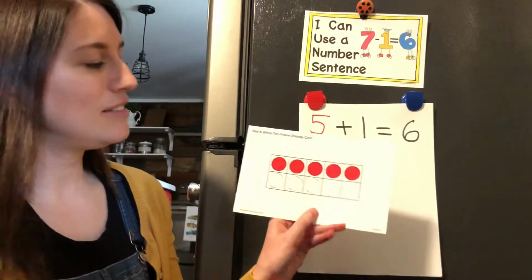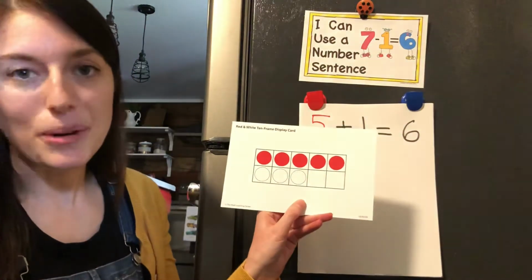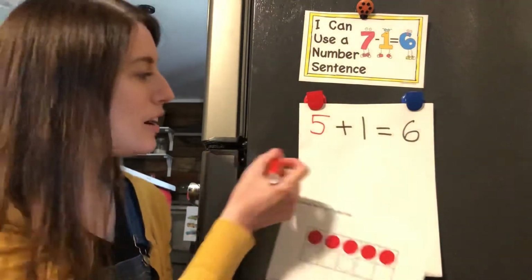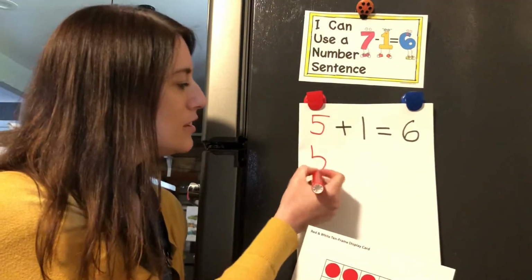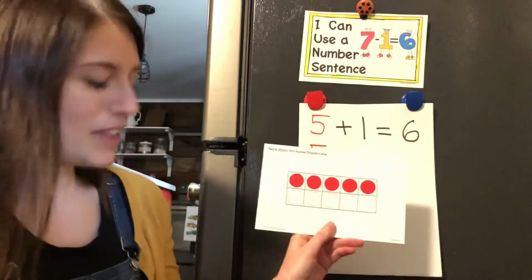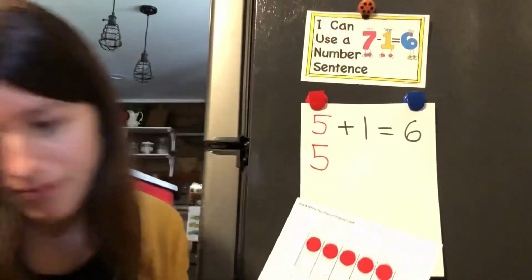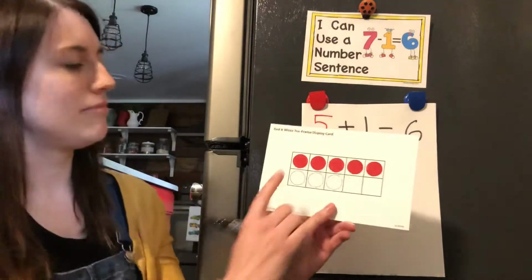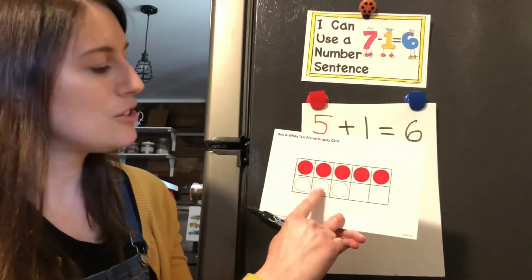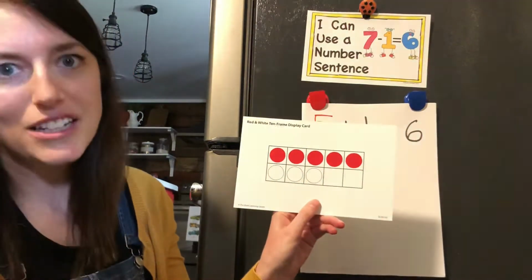I noticed that there are 5 red dots on the top again. So I'm going to write 5. I noticed that I have 1, 2, 3 white dots.